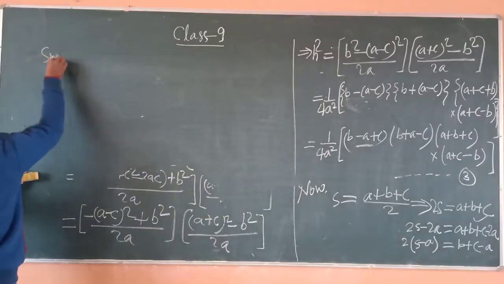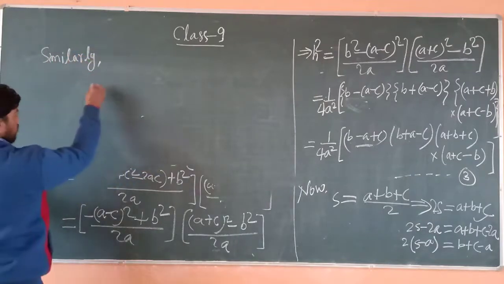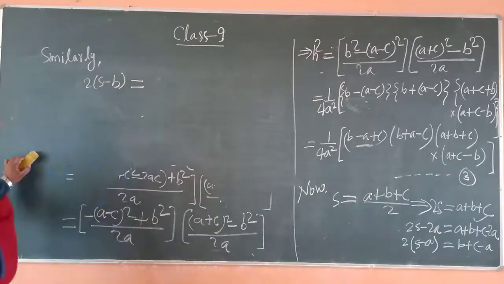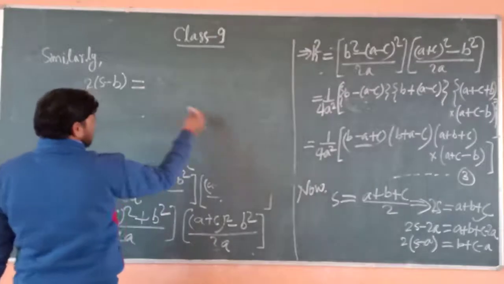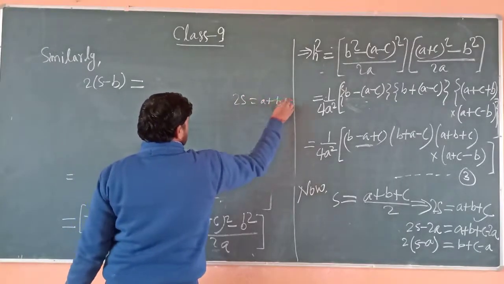Similarly, 2 into (s minus b) is equal to a plus c minus b, since 2s is equal to a plus b plus c.